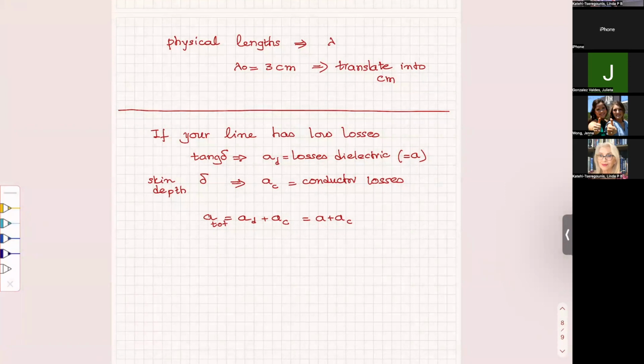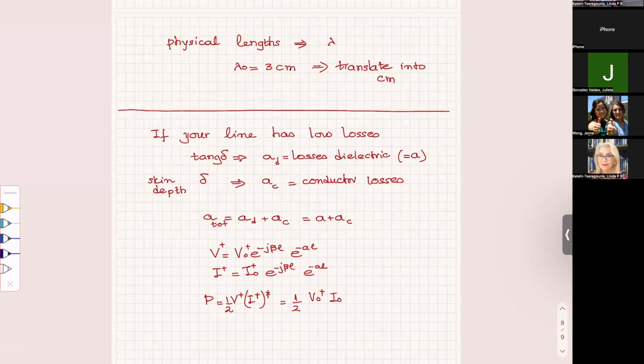So that is going to give you V equal to V naught plus e to the minus j beta L e to the minus A L, and your I plus is going to be I naught plus e to the minus j beta L e to the minus A L, and then P, which is V plus I plus complex conjugate, times 1/2, is going to be equal to V naught plus I naught plus complex conjugate e to the minus 2AL.